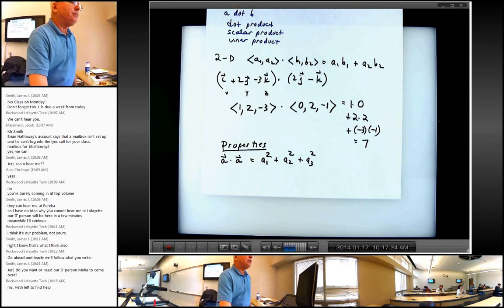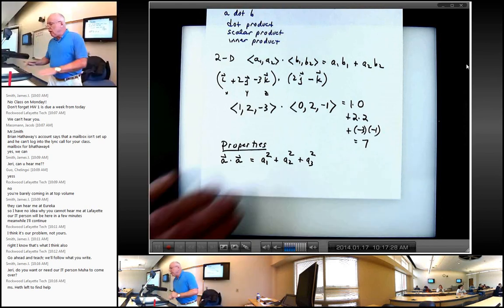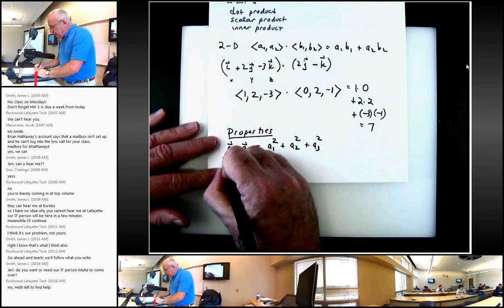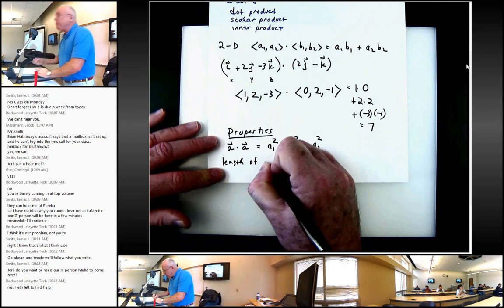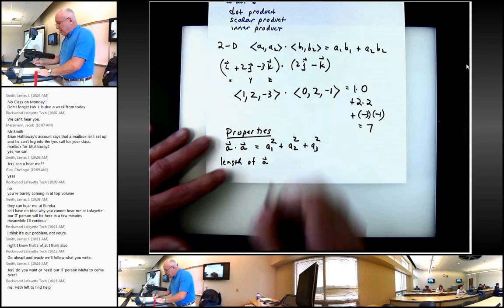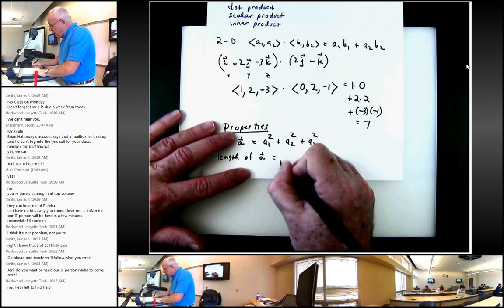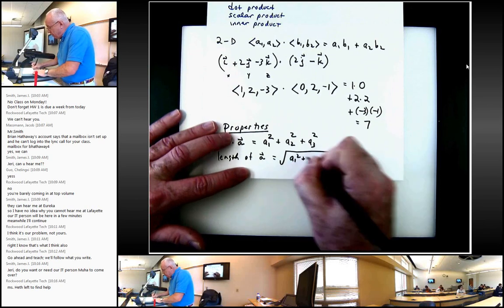Where are we here? All right. But look at what we have here. Remember this formula that we talked about the other day about the length or magnitude of a vector. The length of a vector is this. It's from the Pythagorean theorem. It's the square root of the sum of the squares of the components.